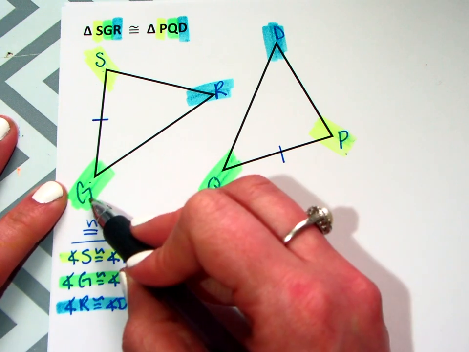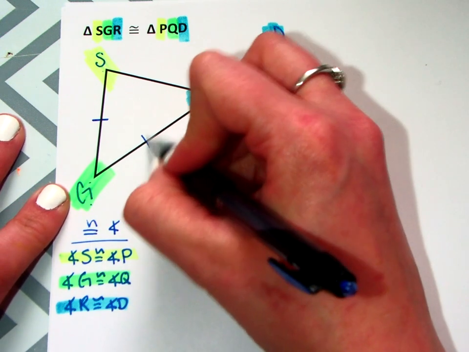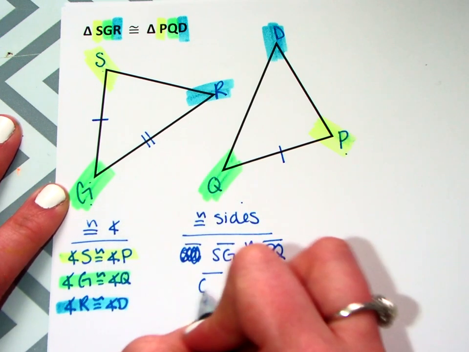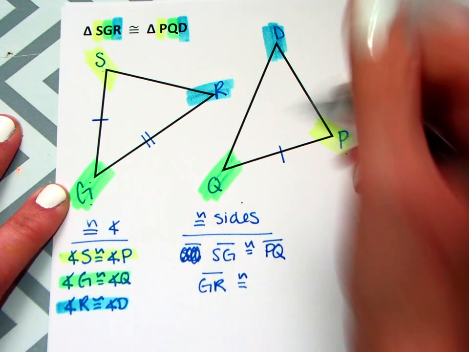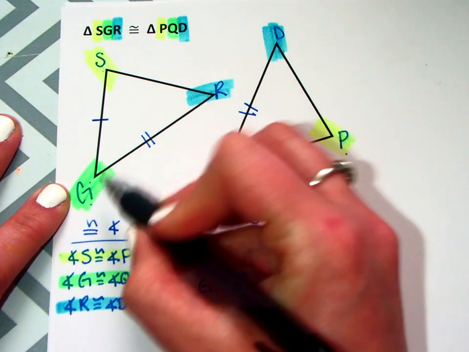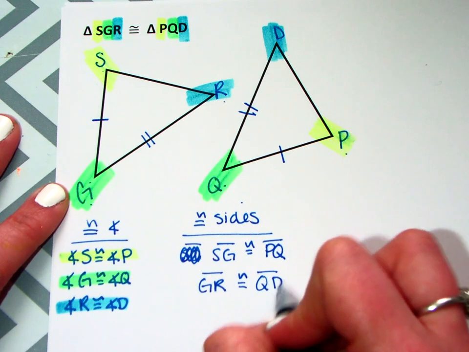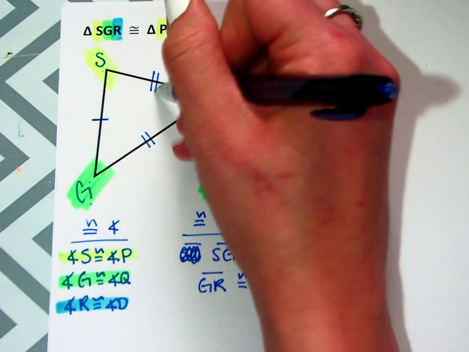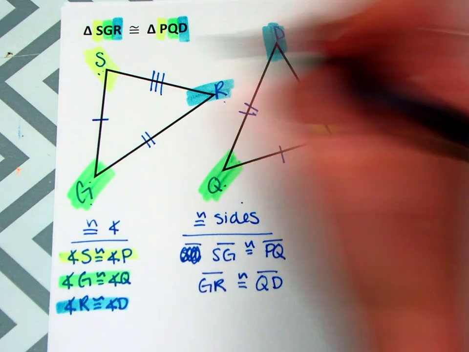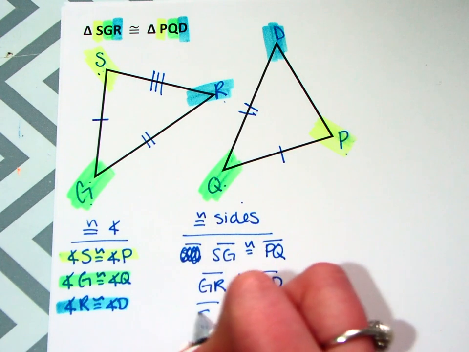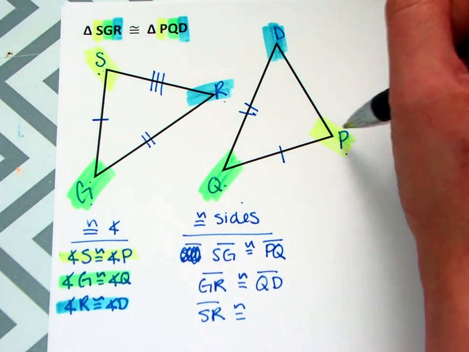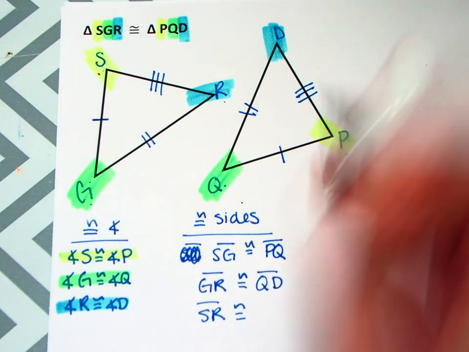Then I'm going to move over to green, blue. So segment GR is congruent to QD. Green to blue, green to blue. And lastly, I'm going to go yellow, blue. So segment SR is congruent to yellow, blue, PD.